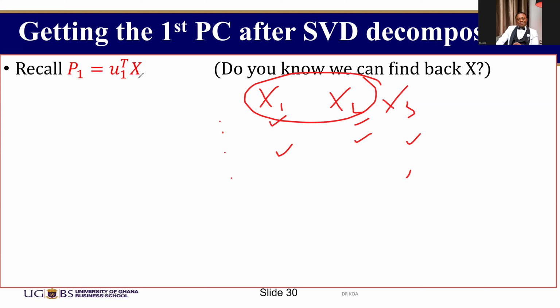It's taking a portion of each variable and combining them into that P1.